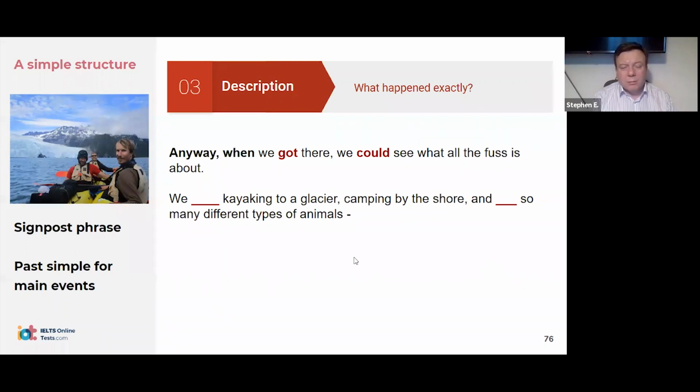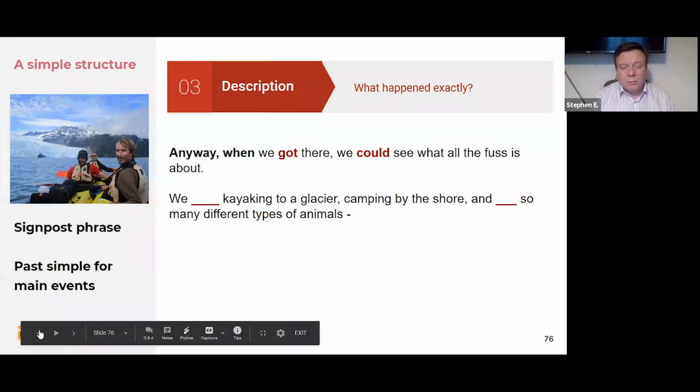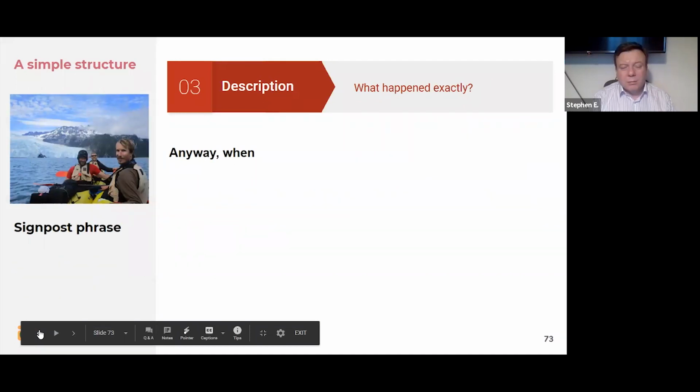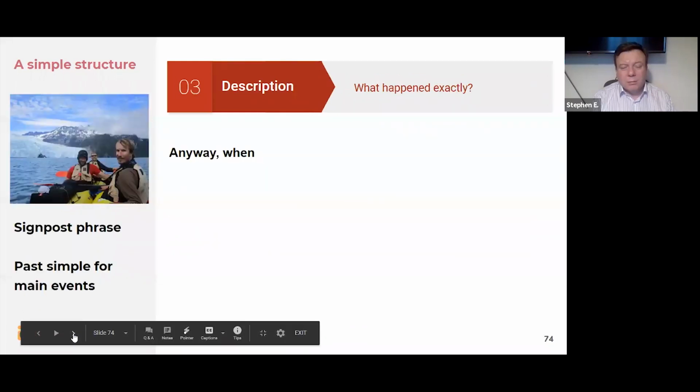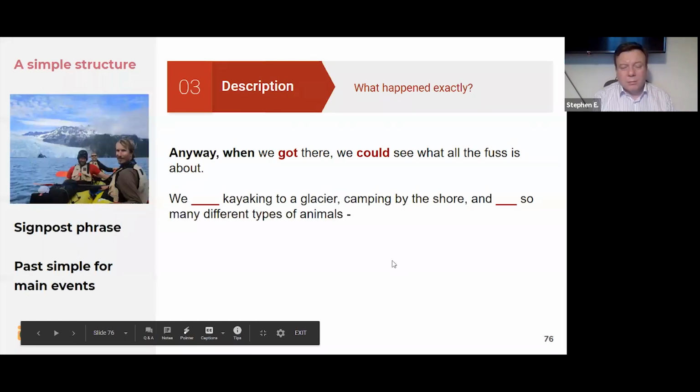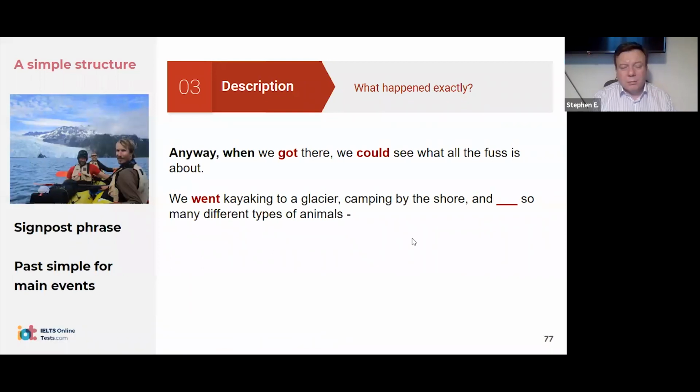The previous slide, okay. I'll quickly do that. Okay, Jayashree, quickly, because we've still got quite a bit to go through. Okay. Yeah. We went kayaking to a glacier.